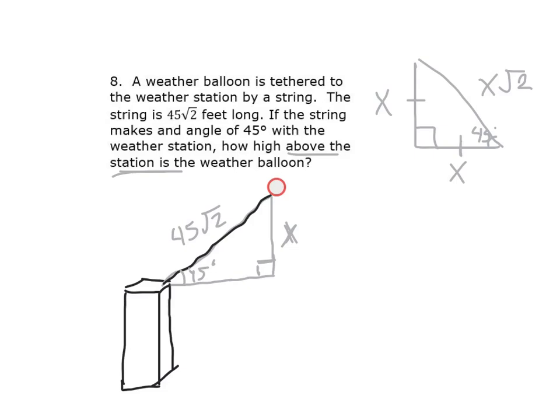In our picture, the hypotenuse is represented by the length of the string, which is 45 square root of 2. We can quickly identify the x, which is the number in front of the square root, as 45. So our answer is that this weather balloon is 45 feet above the weather station.